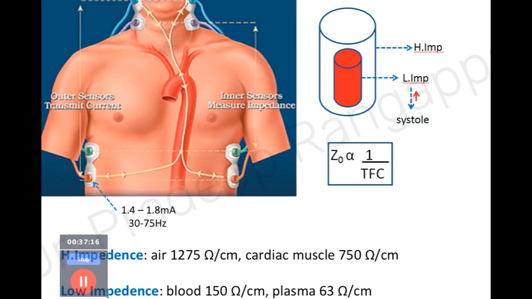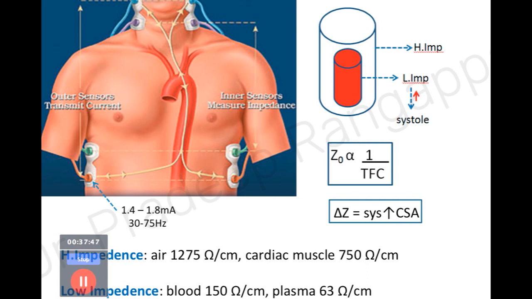So basically the bioimpedance, which is Z0, is inversely proportional to the total fluid content conducting the current. Okay, so for this whole compartment, you take the amount of blood flow that is conducting the current and your impedance is inversely proportional. The change in impedance is equal to the systolic increase in the cross sectional area of the aorta.